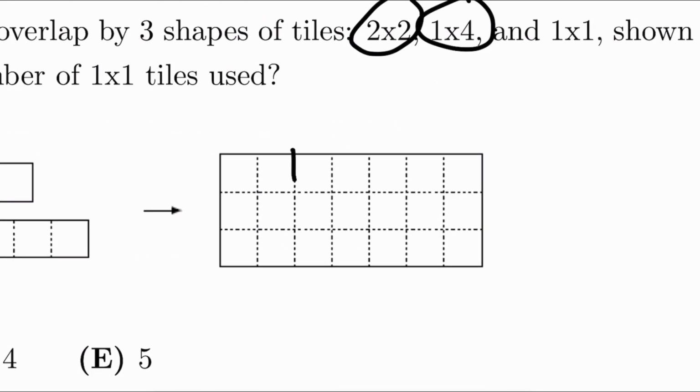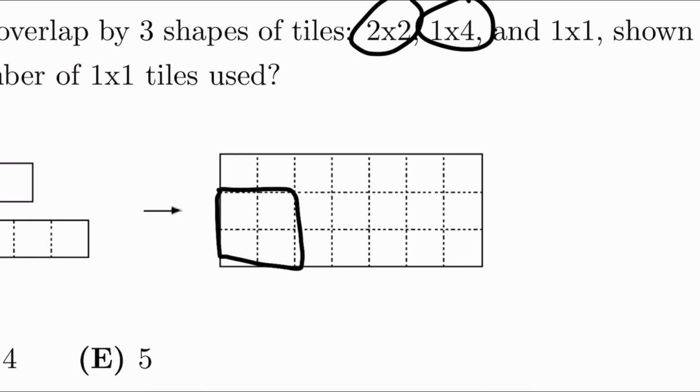Now, if we just put 2x2 tiles like this and a 1x4 tile like this, we will have to use 5 1x1 tiles. And we cannot put 1x4 tiles, say, in vertically. 1x4 tiles can only be used horizontally.